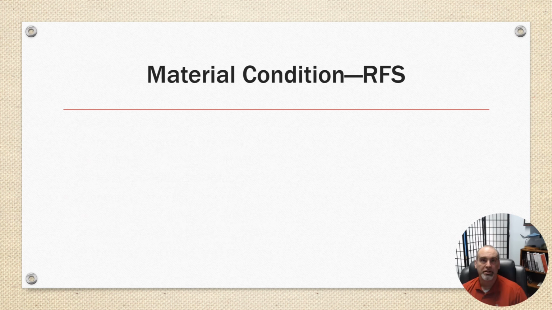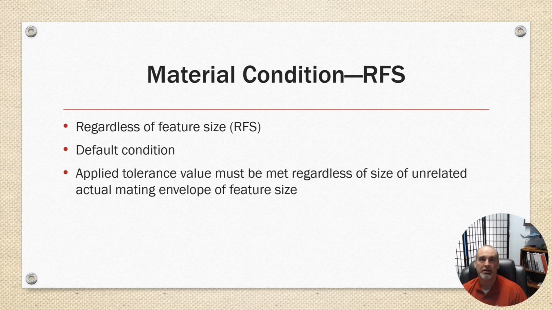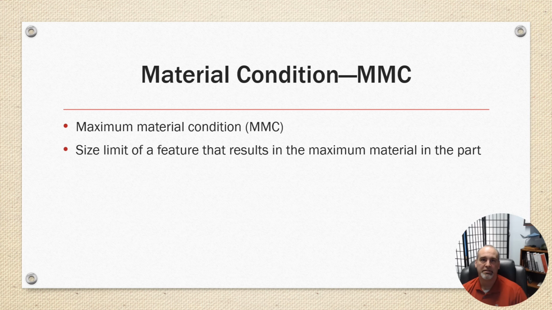Okay, material condition, RFS, regardless of feature size. The default condition and applied tolerance must be met regardless of the size of the unrelated actual mating envelope of the feature size. Okay, maximum material condition, or MMC, is the size limit of the feature that results in the maximum material in the part.